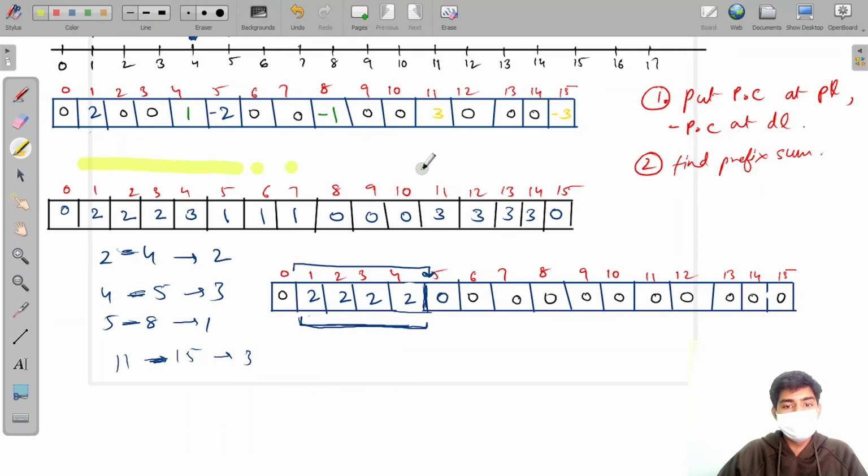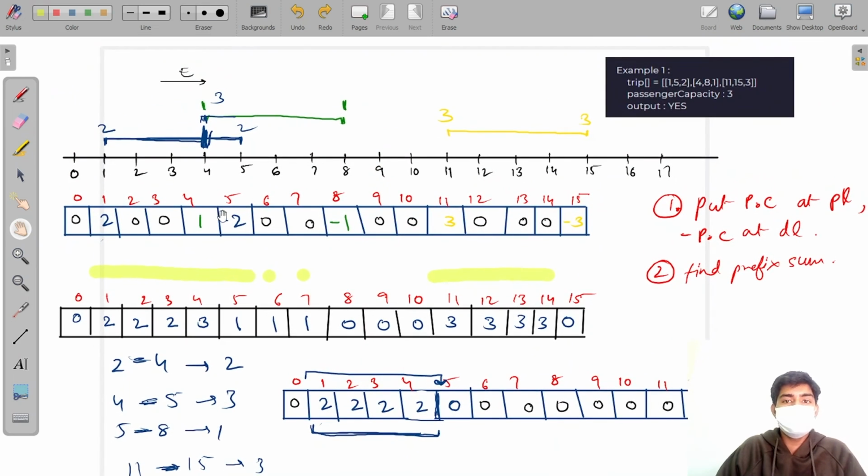After that, I pick up 3 people and I drop off 3 people here, right? So from this moment to this moment, I have people in my car. If I traverse this array, you can see that at any moment, is there a moment where I have more people than my passenger capacity?